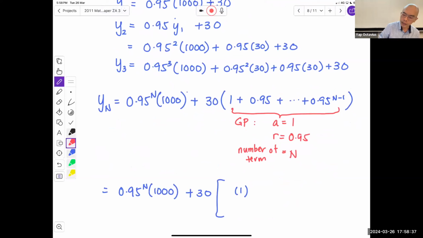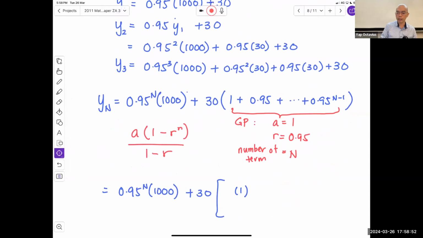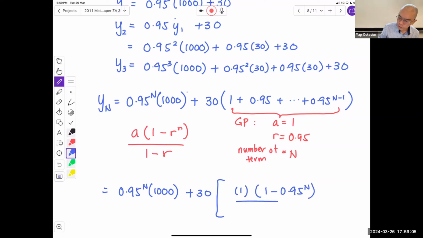There are 2 formulas. Because r is 0.95, I'm going to take 1 minus r to the n over 1 minus r, because r is smaller than 1. So this one we get 0.05.